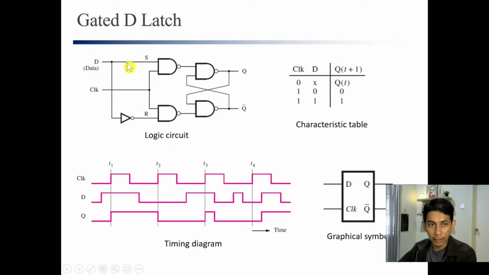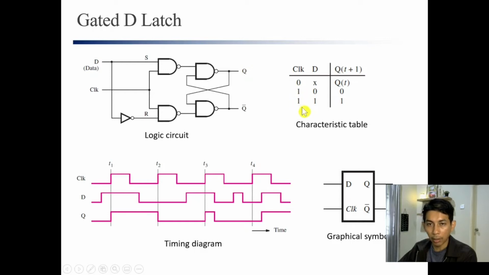D is actually data, where you have this data and you send it to the output. When we look at the characteristic, if there is no clock, D is either 0 or 1, we don't care, but the output will remain the previous value.